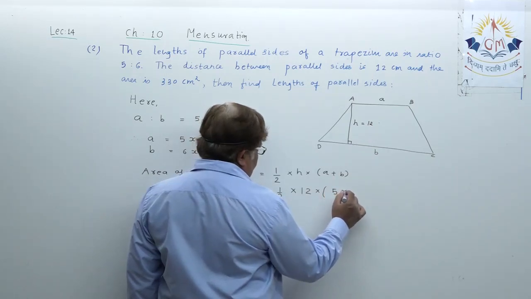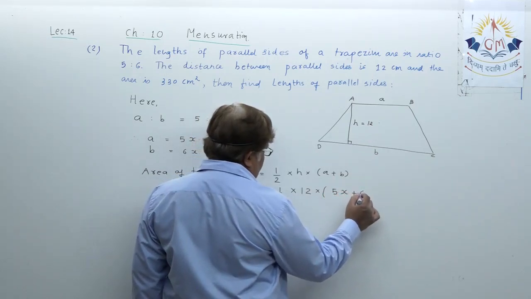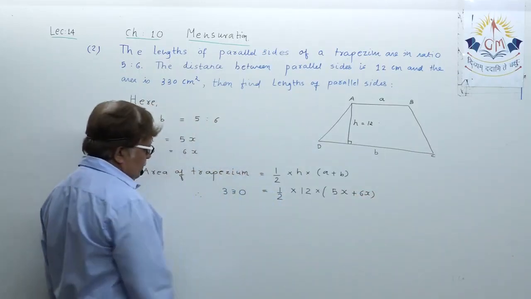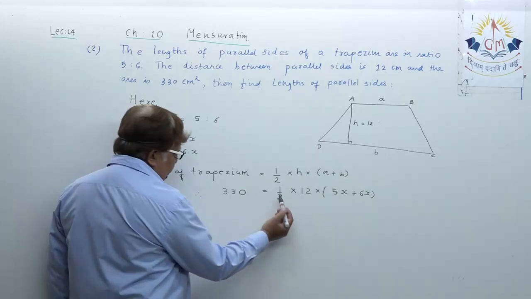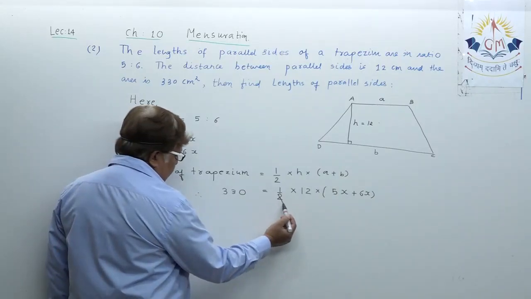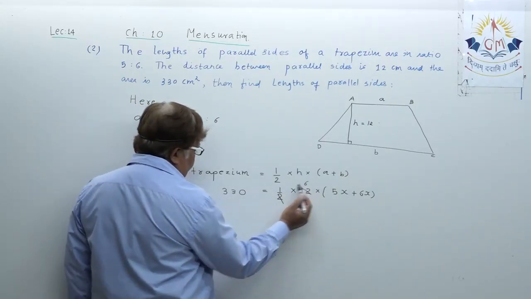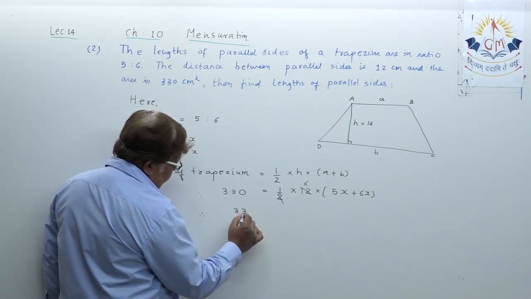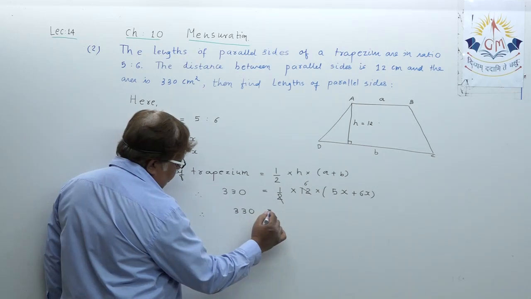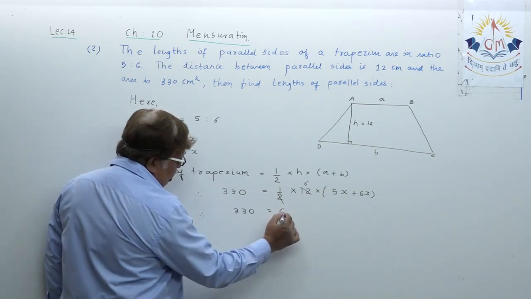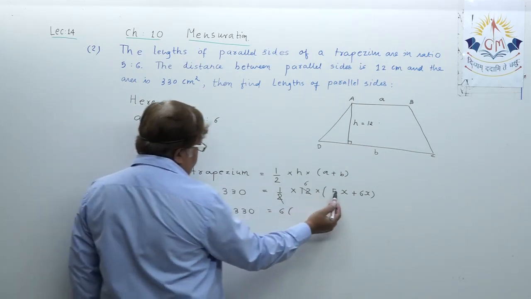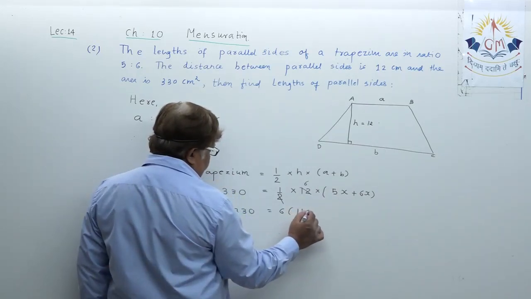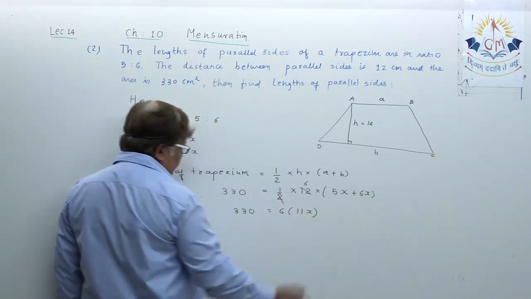A that is 5x, b that is 6x. Next step, this can be cancelled. So 330 equals to 6 into bracket 5x plus 6x, that's 11x.